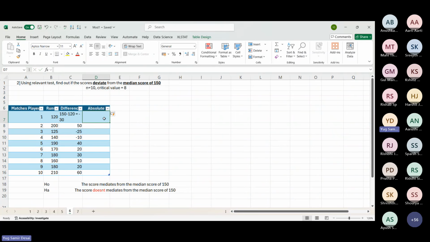Then we consider the absolute value of these differences.